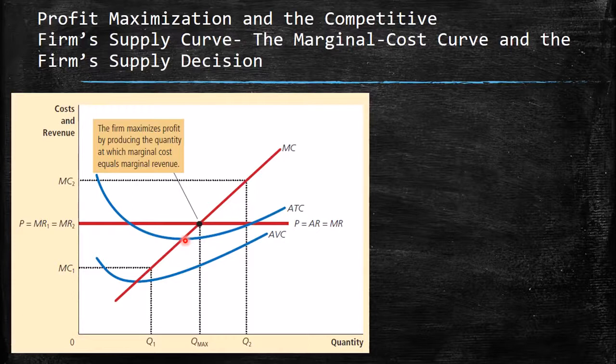Then the new fact that we have here is the price. So imagine that we fix a price over here, which is exactly the same as average revenue and marginal revenue, remember. So here, every time the firm maximizes profit by producing the quantity at which marginal cost equals marginal revenue.